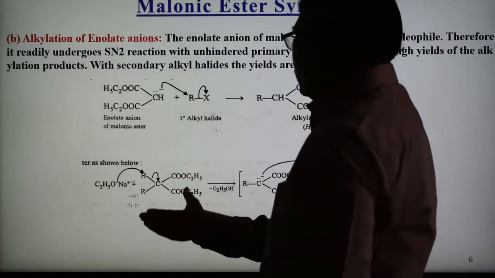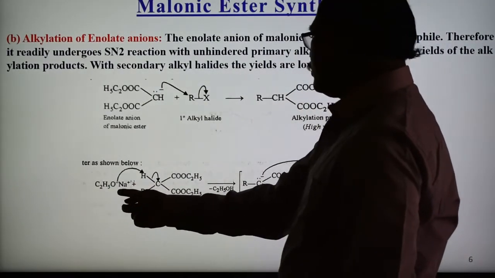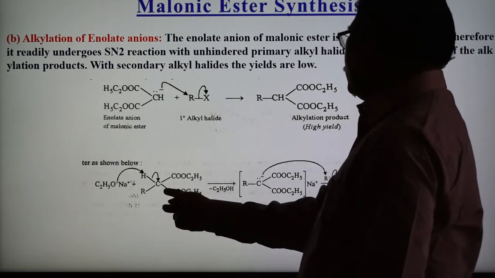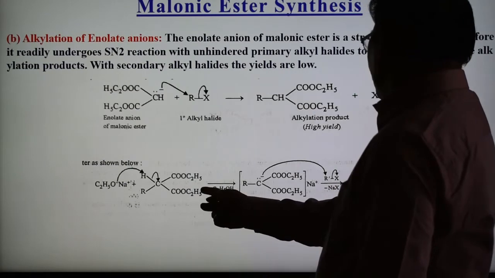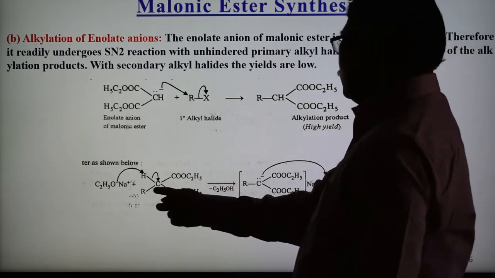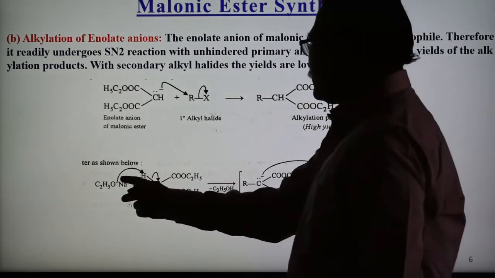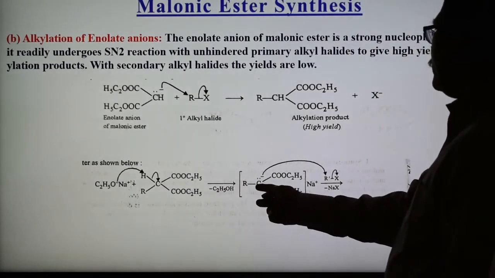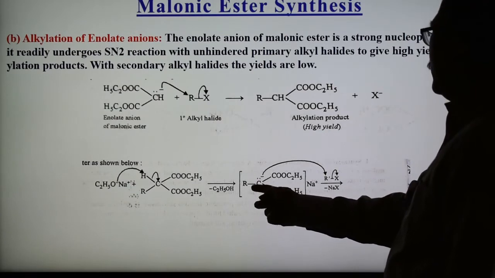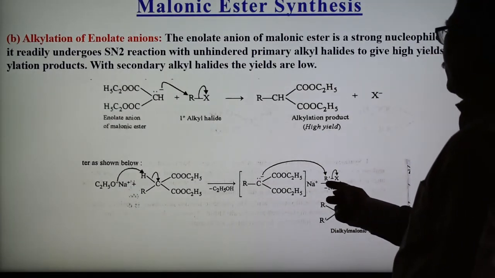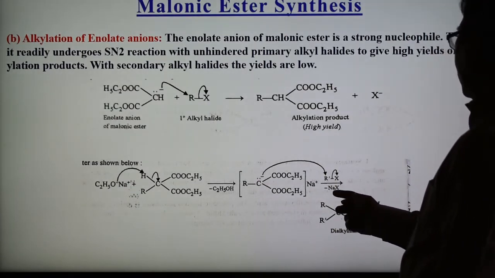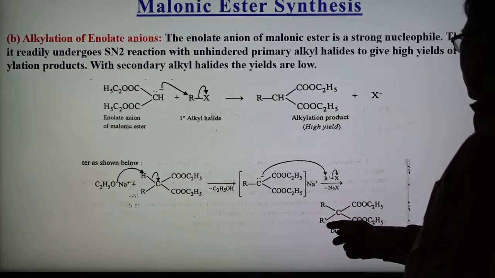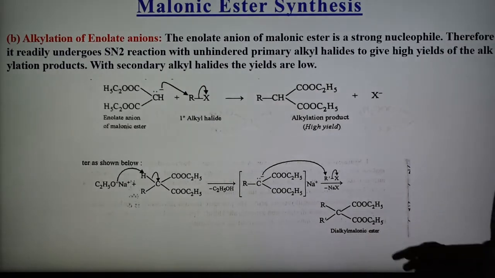Now sodium ethoxide can react again with this malonic ester. First, one alkyl group gets attached, and ethanol is removed. After that, when it reacts again with an alkyl halide, another alkyl group, R dash, is attached. In this way, dialkyl malonic ester is formed.